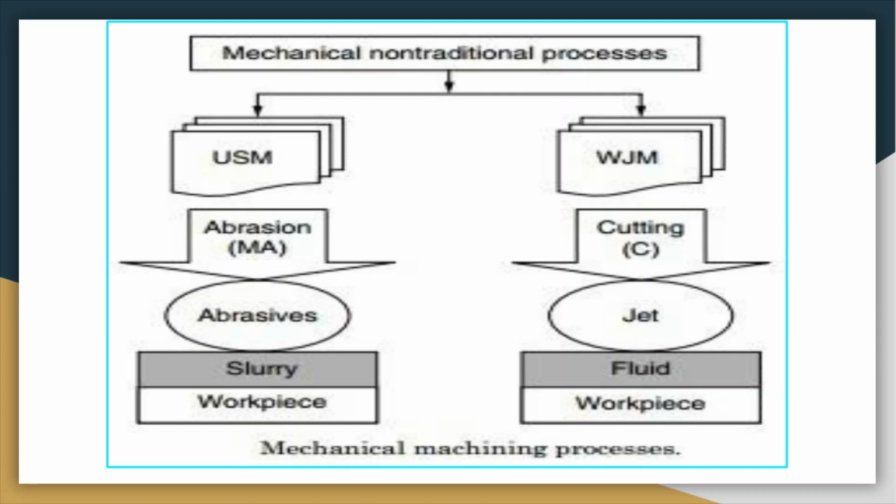However, performance of these processes depends upon the hardness, strength, and other physical and mechanical properties of the workpiece material. What is really needed is the development of a machining method whose performance is unaffected by physical, metallurgical, and mechanical properties of the workpiece.